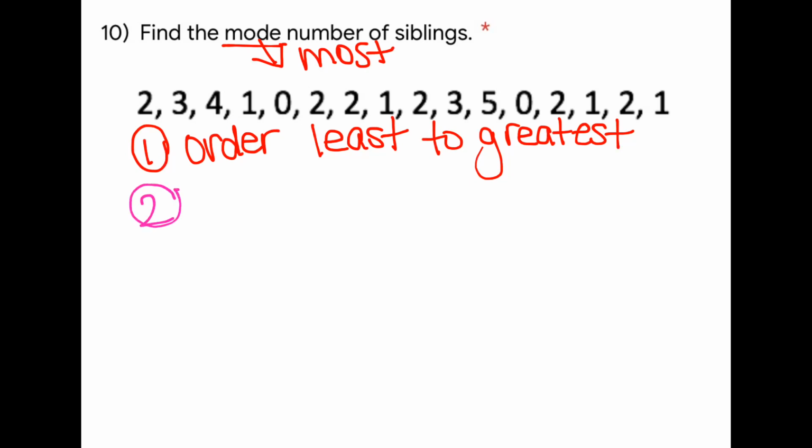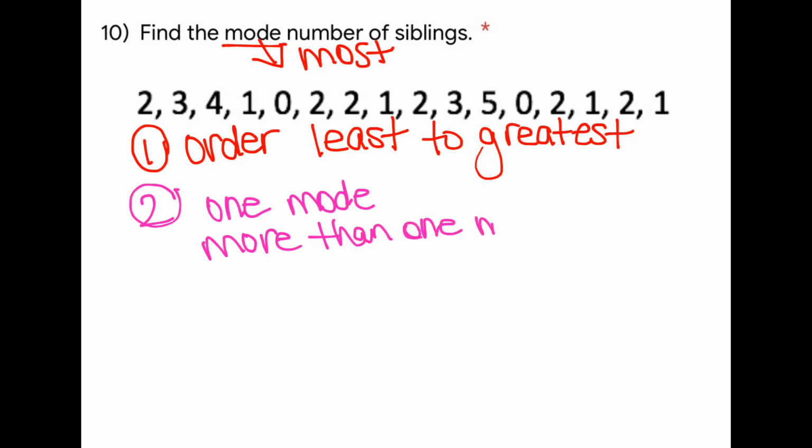Second step, we know we can have one mode, more than one mode, or no mode. Once again, I can tell you just by looking at this data set that this option is out. There's definitely a mode. There could be one or there could be more than one.